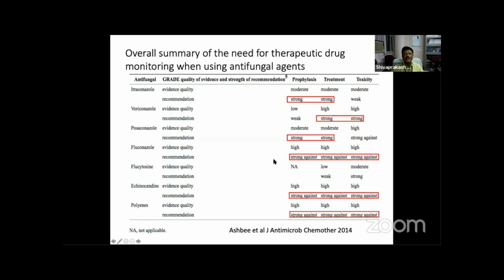For fluconazole, they all are against. For echinocandins, again, all are against. For polyenes, amphotericin B and others, there is no need to do a TDM. So the recommendation is strongly against. But for flucytosine, only for toxicity purposes, you have good evidence and a strong recommendation has been made.